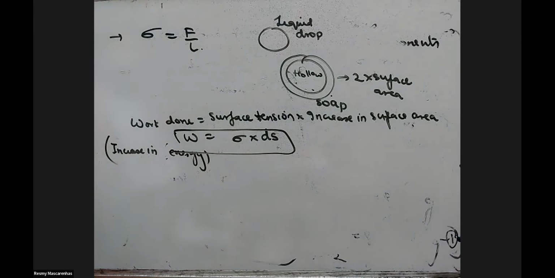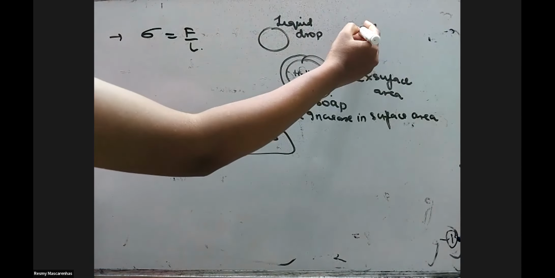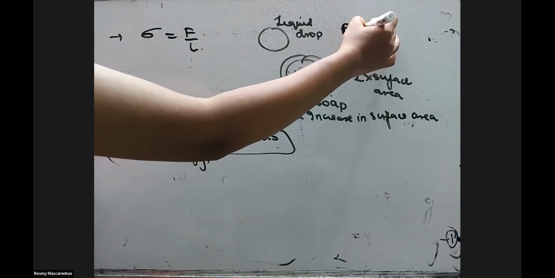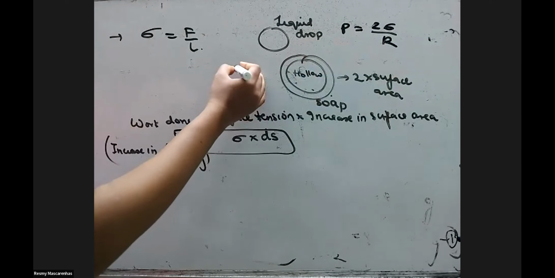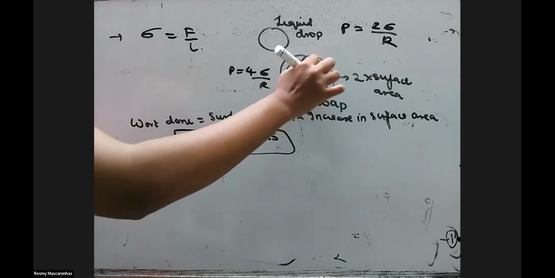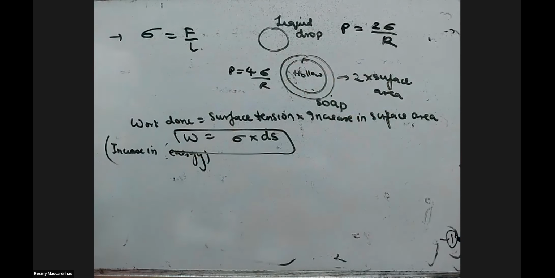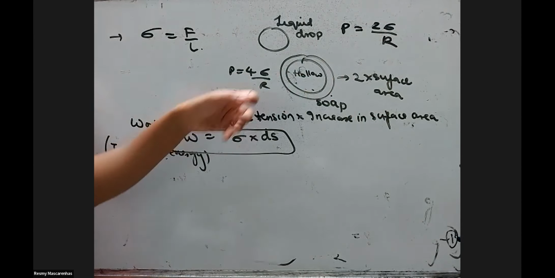In case you have to find pressure for a liquid drop, we derived this. And for the hollow one it is double, 4 times, because we have to use 2 times, two surfaces. The pressure for a hollow bubble is 4 times the surface tension over its radius.